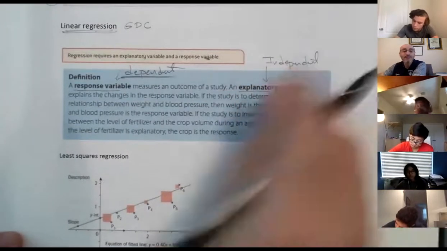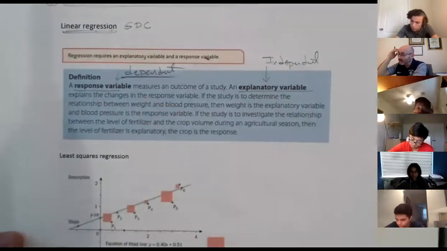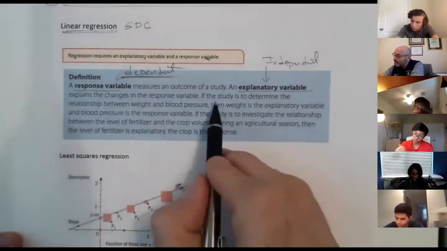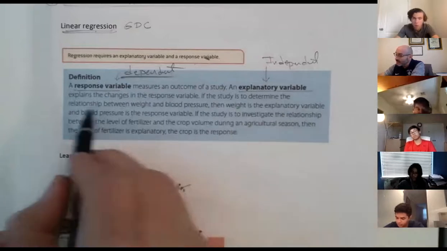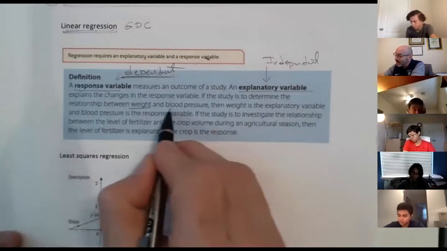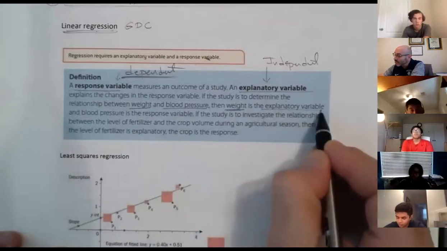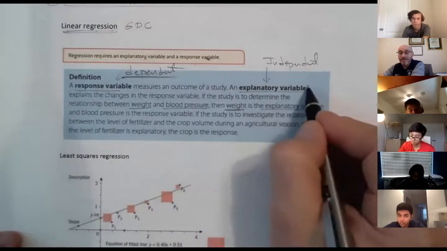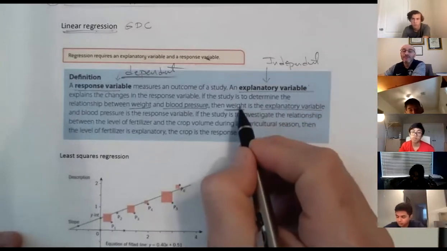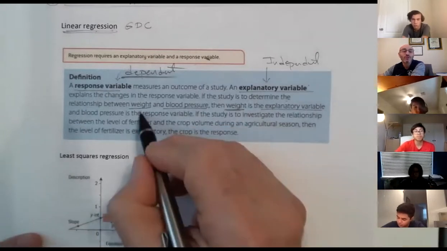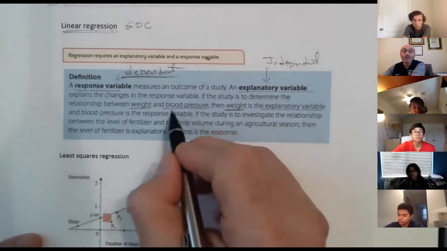Look at the example that you have here in these notes. It says that if a study is to determine the relationship between weight and blood pressure, then weight is the explanatory variable. So weight is going to be the independent. Whether you are overweight or not is going to determine your blood pressure.